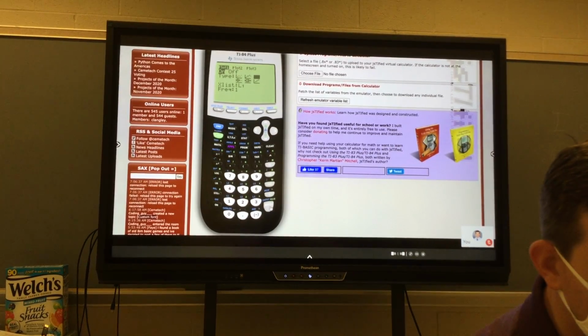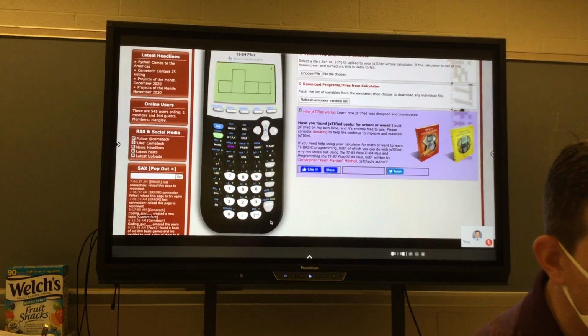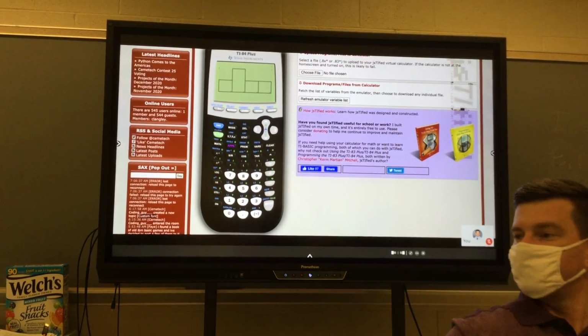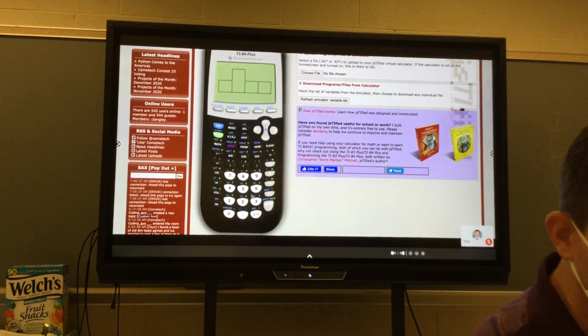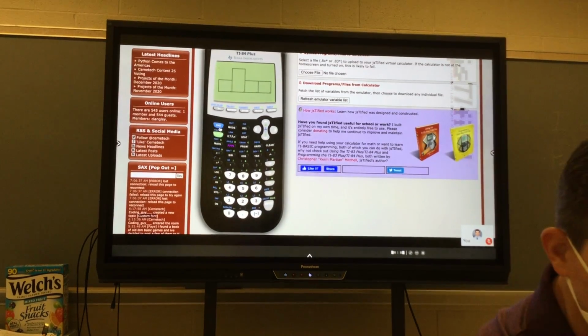We'll go with a histogram. So there's our first set of data. That's pretty normal for a sample size of 5. That's about as good as we could hope for.